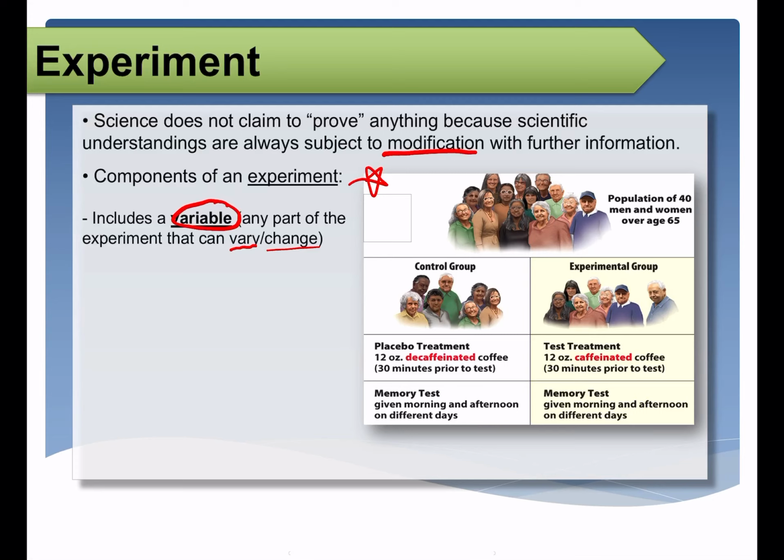For example, if you change two things, A and B, and then you get certain results, how do you know if that result was due to changing A or was it due to changing B? Because you changed two things at the same time, you can't distinguish the two. So that's why in every well-designed experiment, only one variable is changed at a time.